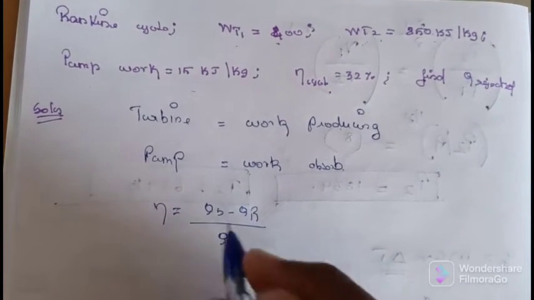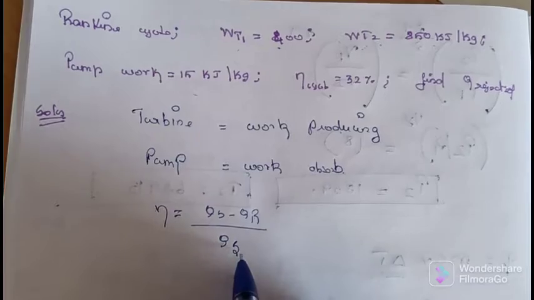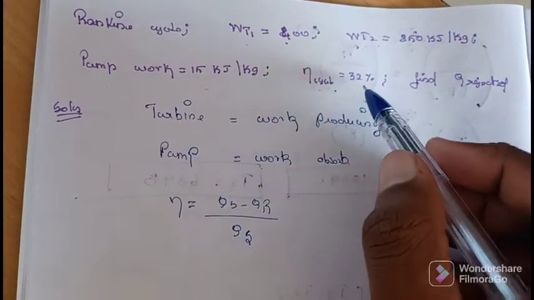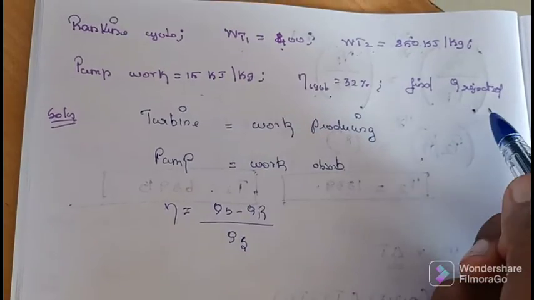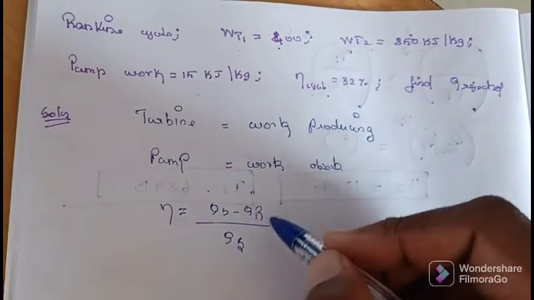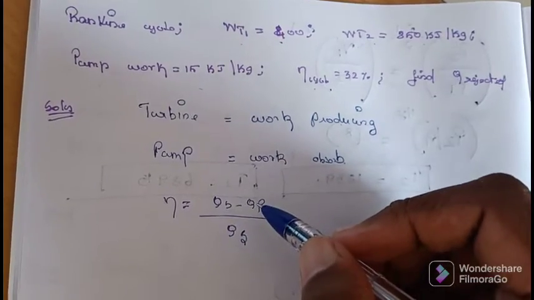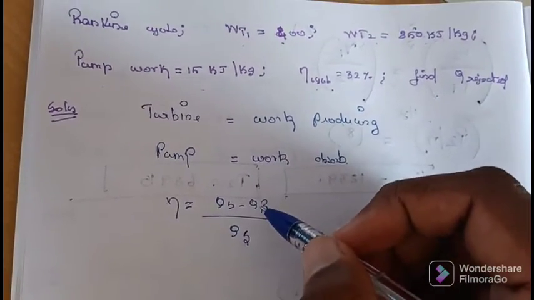So here the efficiency of the cycle is given as 32% and the heat rejected is asked. Using this formula, when we have the value of Q of S, we can find Q of R.